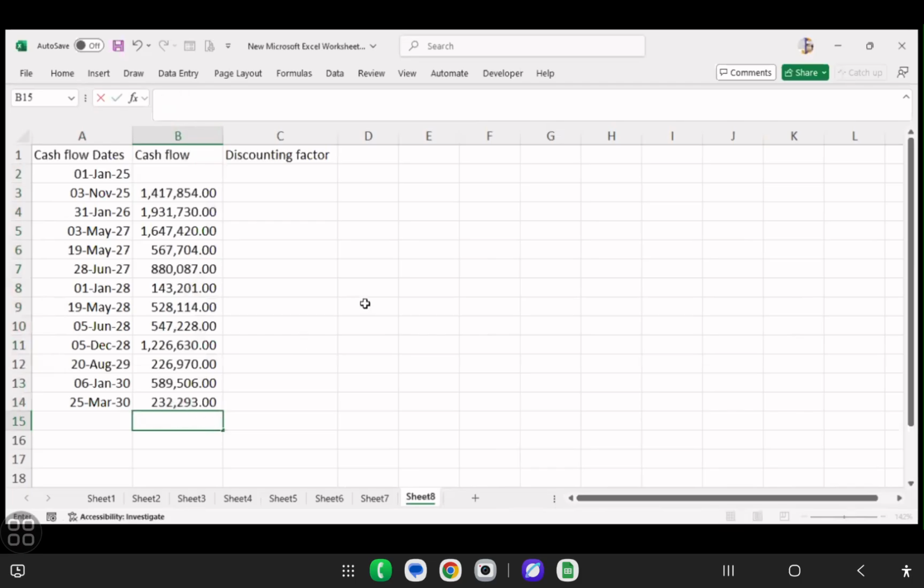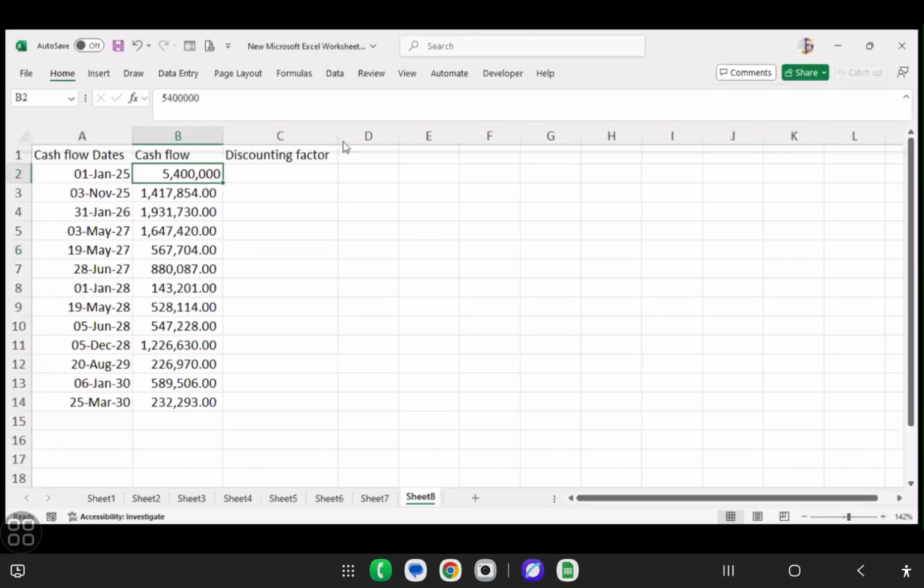Let me make the cash flow in year 0 to be the investment. I assume that I invested, let me be a little reasonable, 5.4 million. That is my investment.